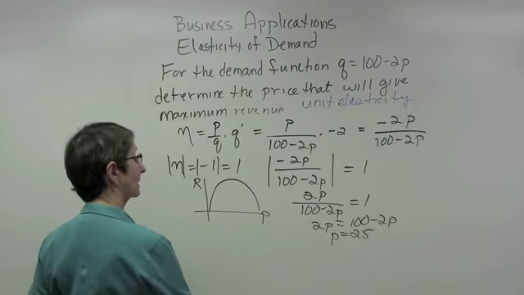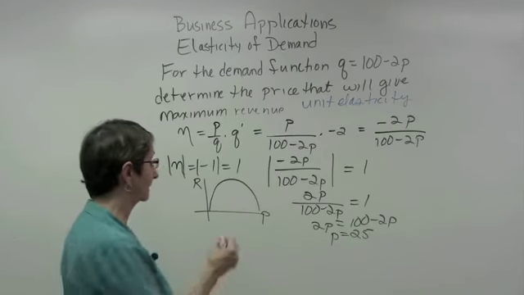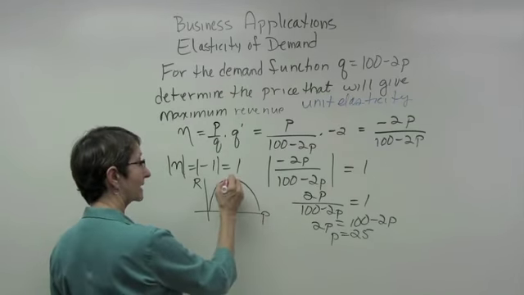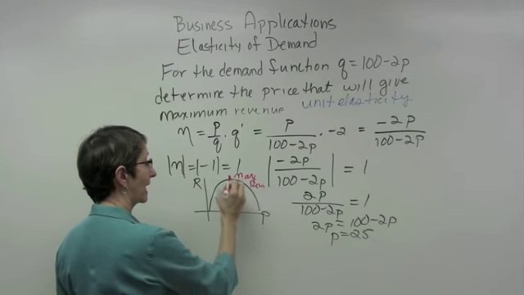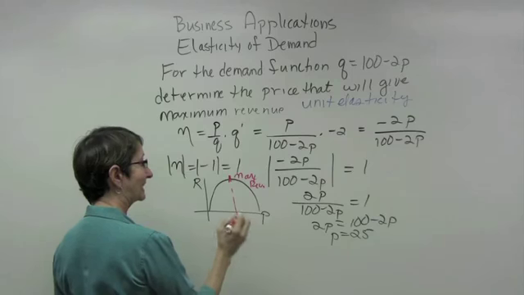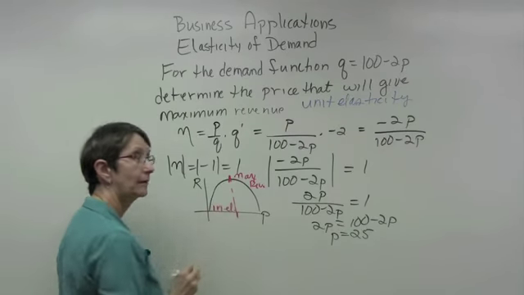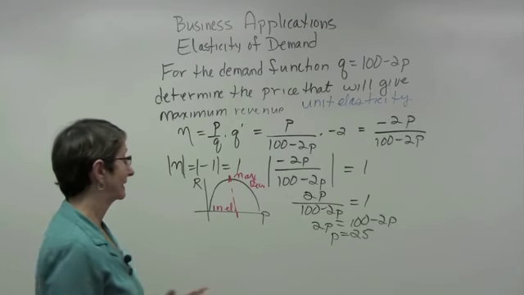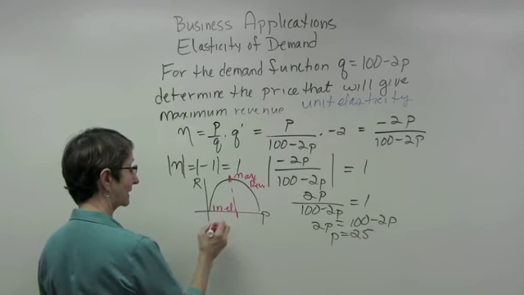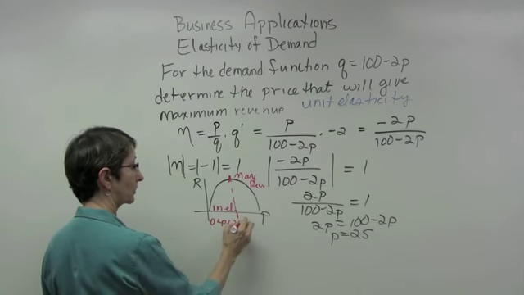When price is the variable, we have our maximum revenue at unit elasticity, and inelastic on the increasing side. So if the question said, when is demand inelastic? Demand is inelastic for 0 less than P less than 25.